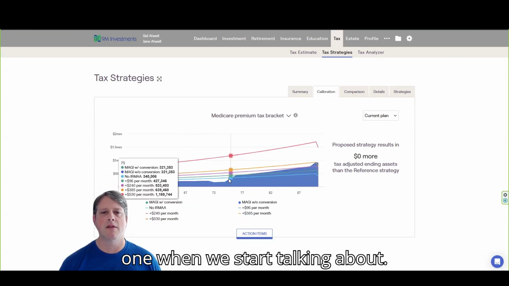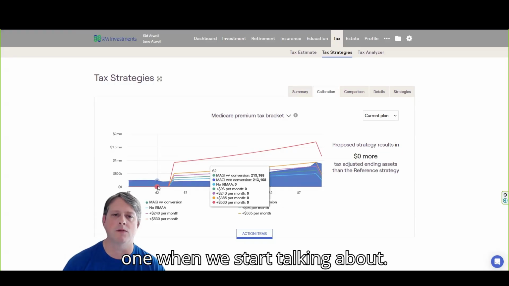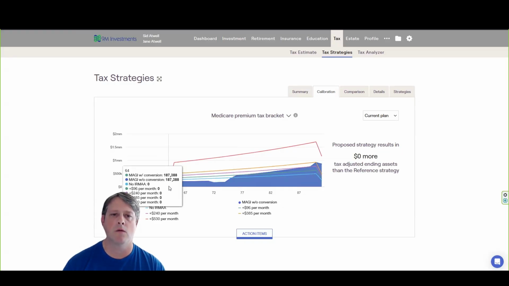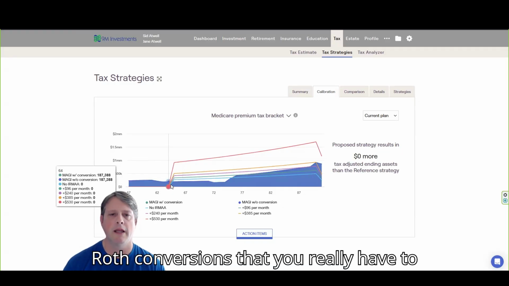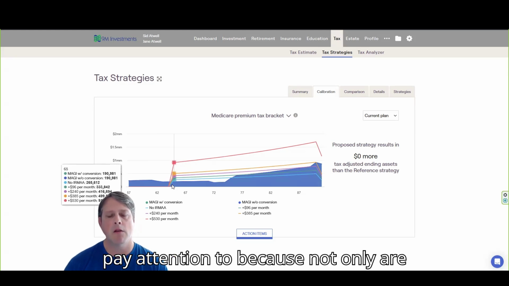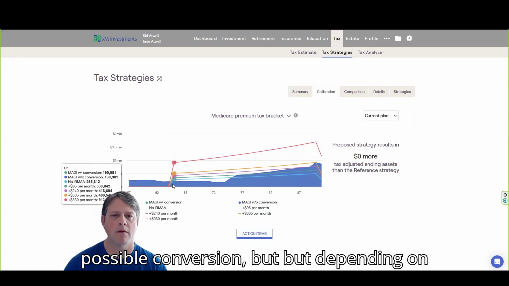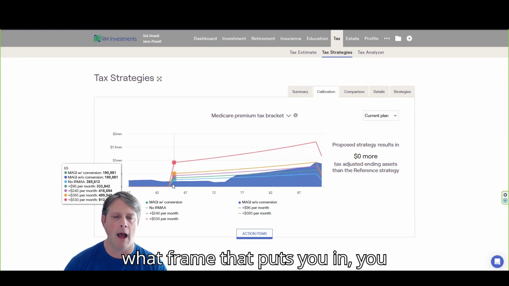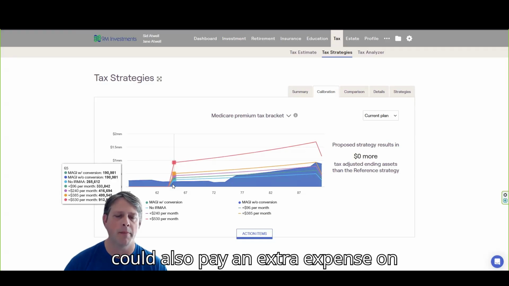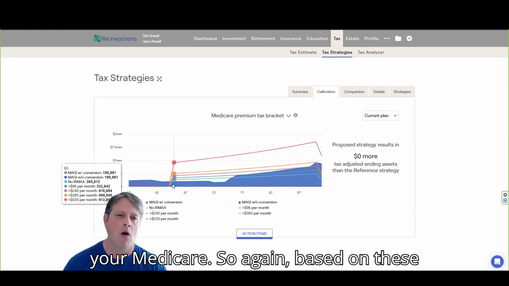Medicare, this is another one when we start talking about Roth conversions that you really have to pay attention to, because not only are you going to pay taxes on that possible conversion, but depending on what bracket that puts you in, you could also pay an extra expense on your Medicare.